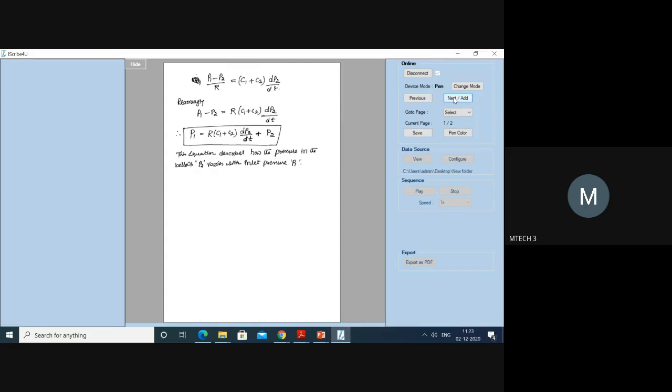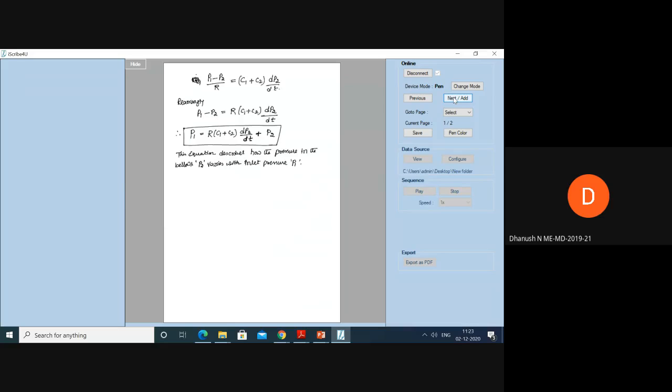Okay, right. Next, second one is I need to relate how the contraction X of the bellows varies with pressure P1. Okay, so now why is the contraction going to come? Why is the bellows going to contract?